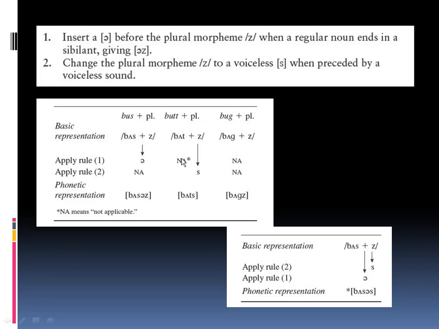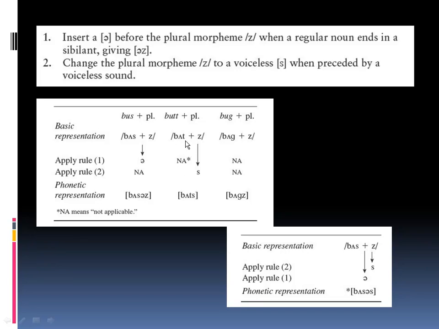But in our brain and in the muscles in the mouth, what really gets calculated really fast is rule number 1. Because there's a sibilant sound, you insert a schwa, right? And then once you insert a schwa, rule number 2 doesn't apply because there is no consonant immediately preceding z. So you come up with buses, which is the right sound for this.